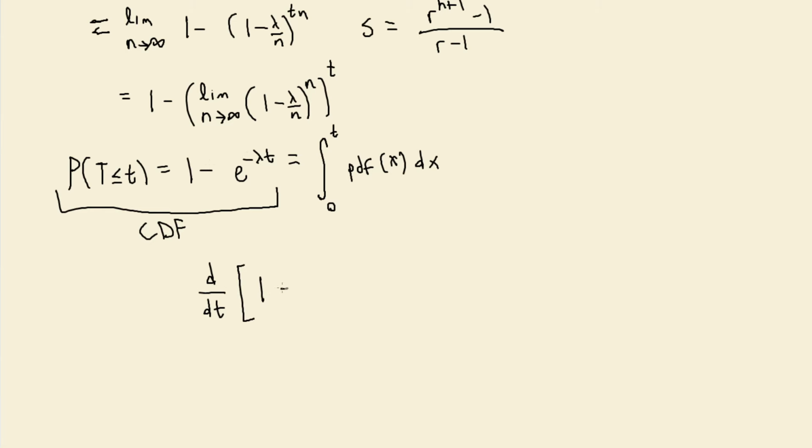And so if we differentiate this with respect to t, we'll get our probability density function, and this is just basic calculus, a chain rule and all that. We'll get lambda e to the negative lambda t. And so this is the probability density function for an exponential distribution.